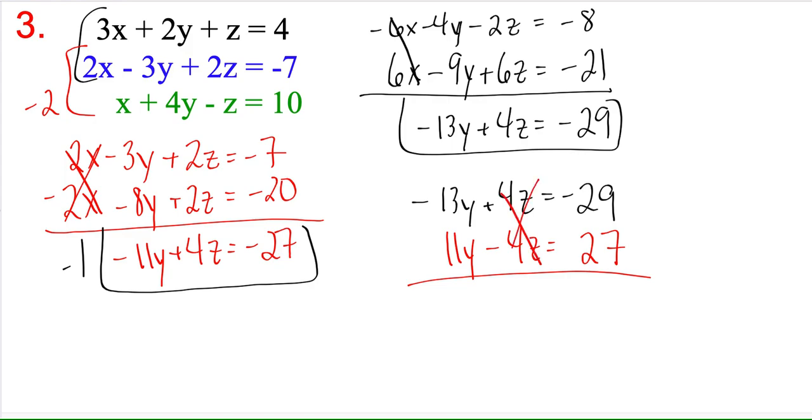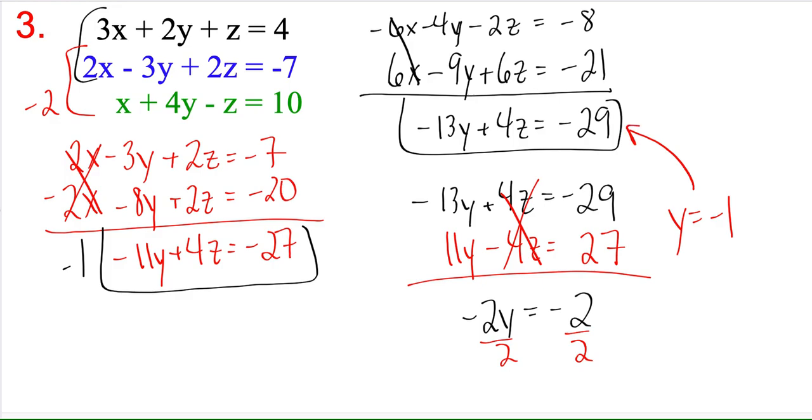Okay, z's will cancel. We get negative 2y on the left between the 13 and 11, and then we get a negative 2 on the right. And it looks like this one's going to work out nice. So divide by 2, you get y equals negative 1. All right, now we work back. Let's plug it into this one since we're close to that one.